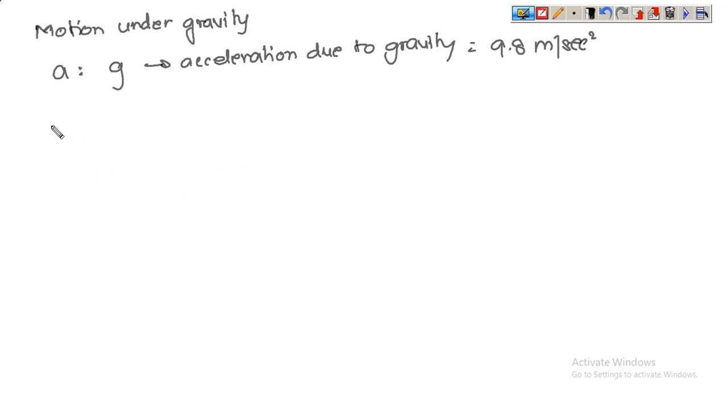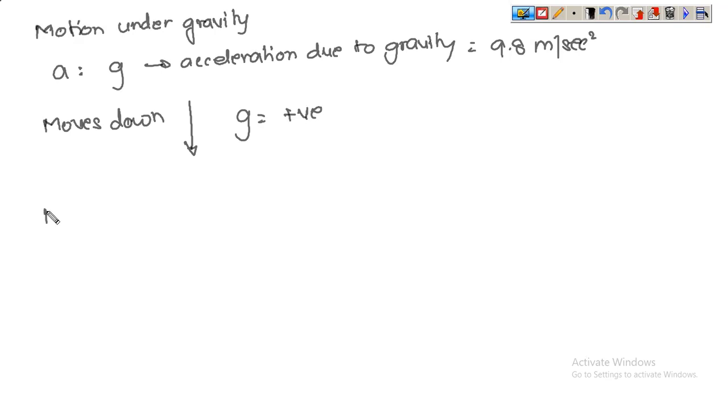If a body moves down, that means it is working along with the gravitational force, so in this case g is taken as positive.